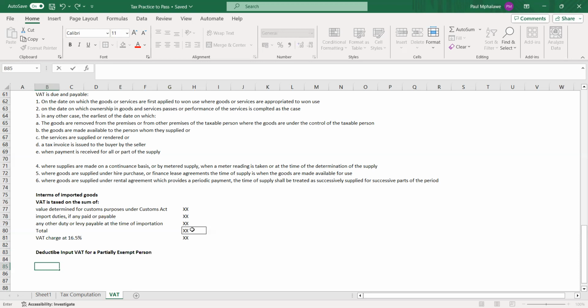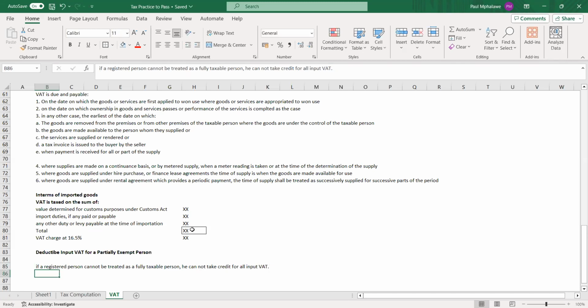Okay, I should start by saying if a registered person cannot be treated as a fully taxable person, he cannot take credit for all input VAT.